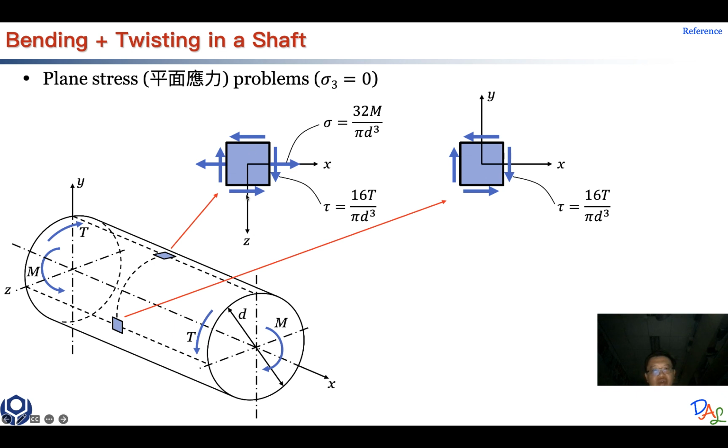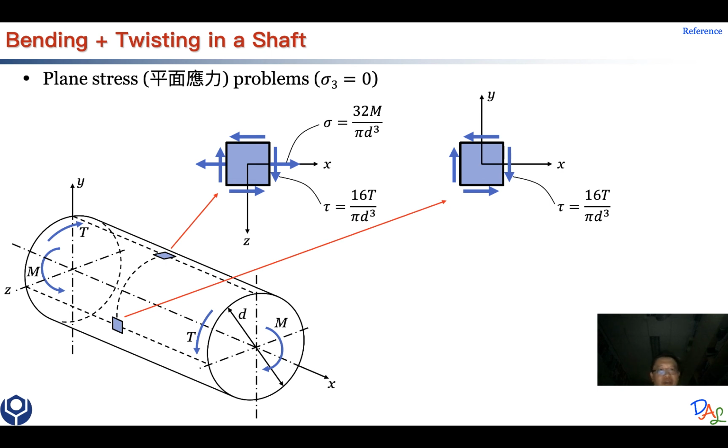These two have the same magnitude but different direction, generating a counterclockwise moment, so these two will balance with these two. So all four shearing stresses have the same magnitude.